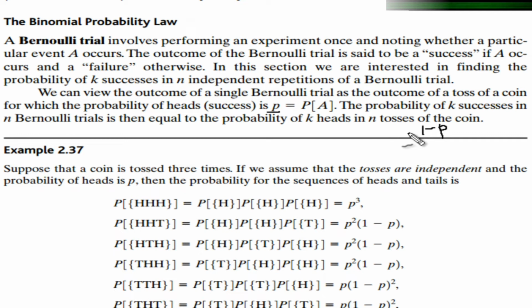Binomial probability law basically gives you the total probability of any success. What is success? Anything you can call a success. Either a sunny day is a success for you. Similarly, in a communication system, packet loss is a success for you.